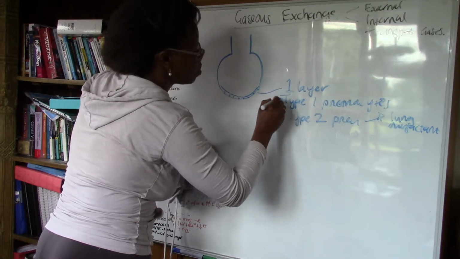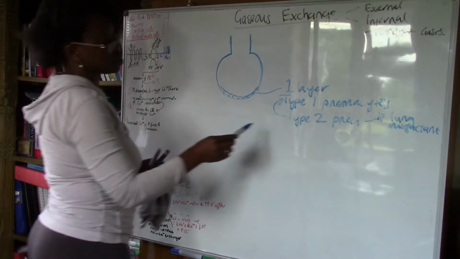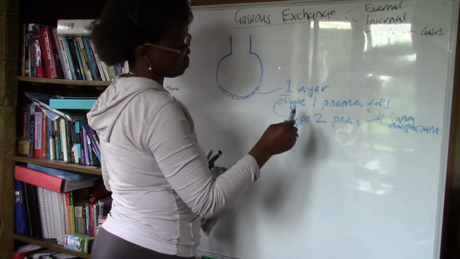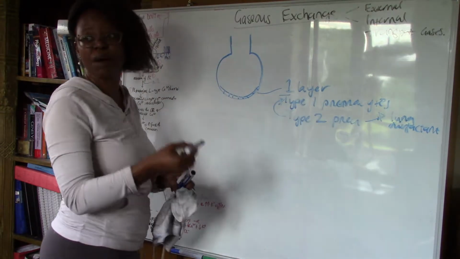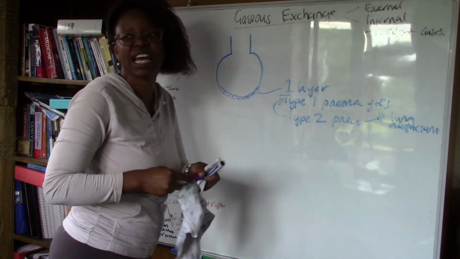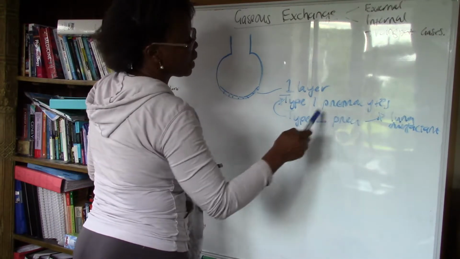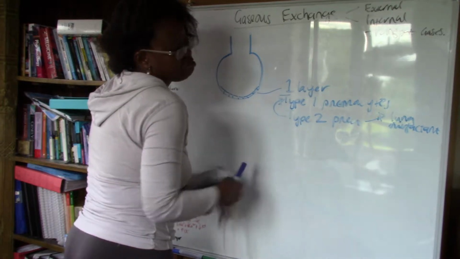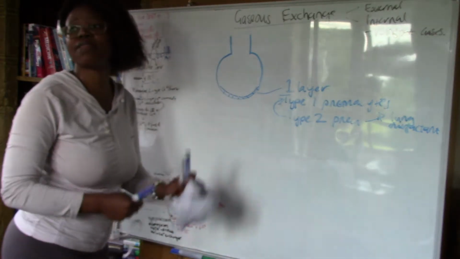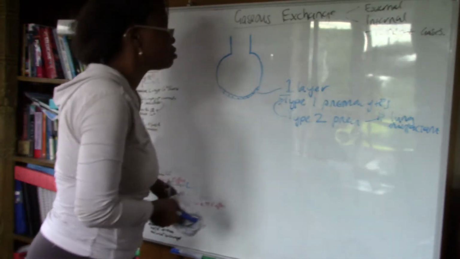So if anything happens, type 2 will develop into type 1 and make up for it, in order to correct any deficiencies or cell death, for example by natural apoptosis that happens to type 1 cells.